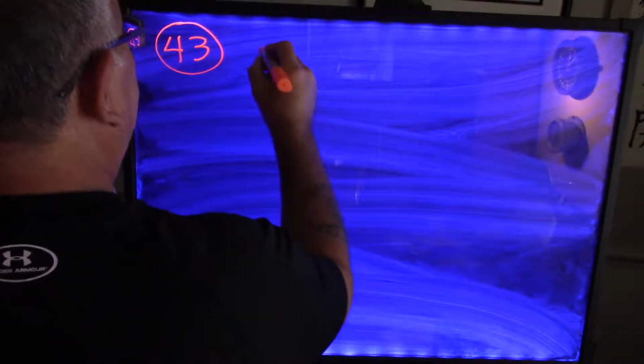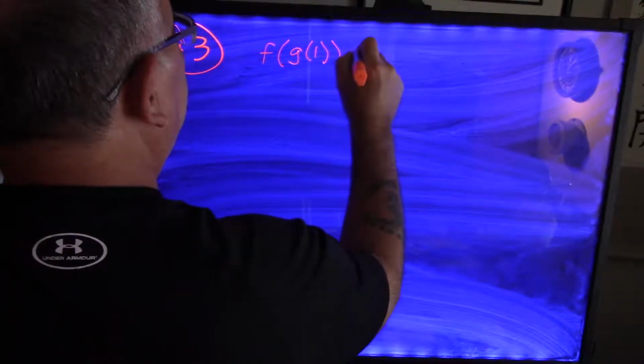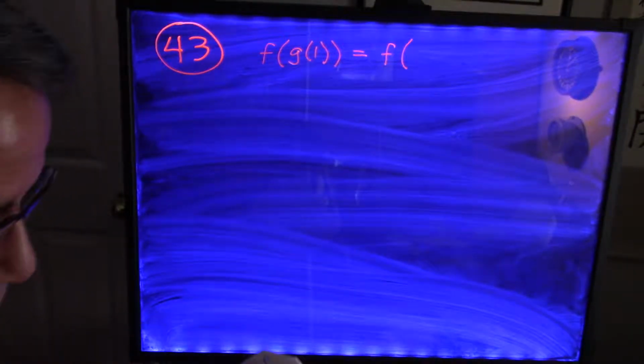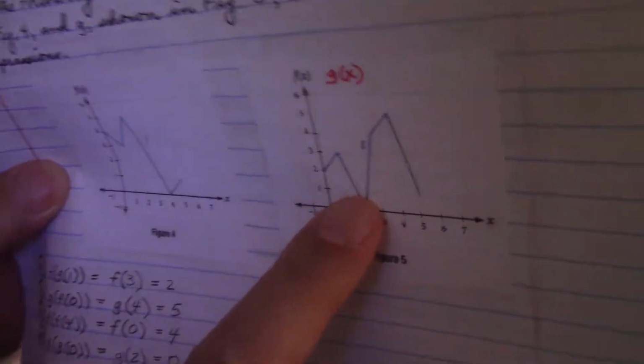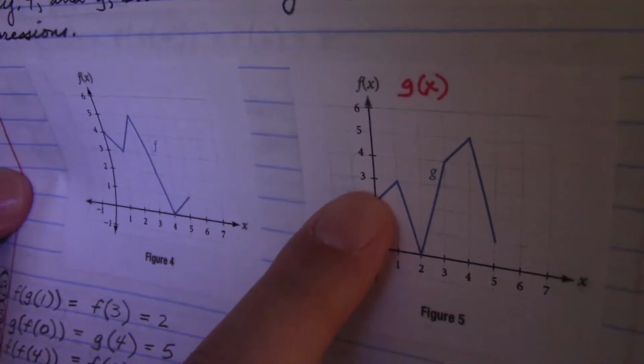So we need to figure out these values. So for 43, we have f of g of 1. Well, first of all, what's the innermost function value? G of 1 is what? If you look at the graph of g, g of 1 is 3, right?